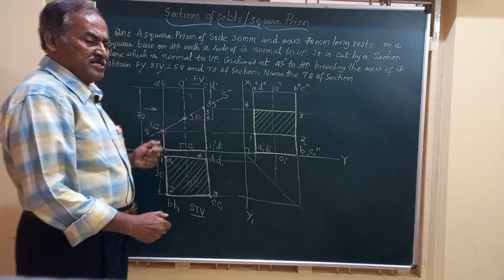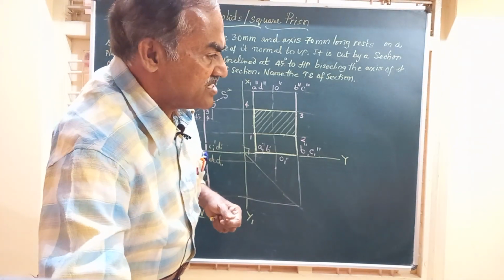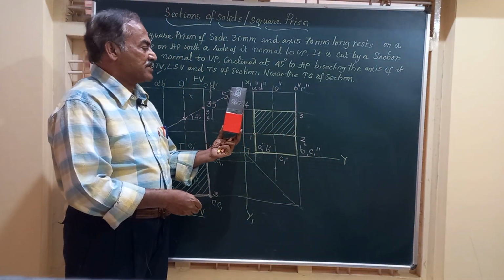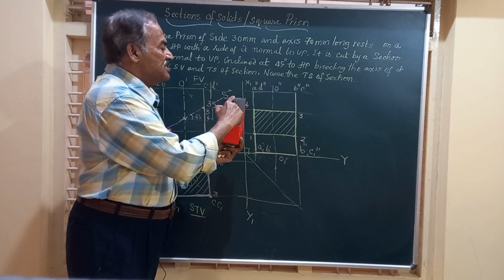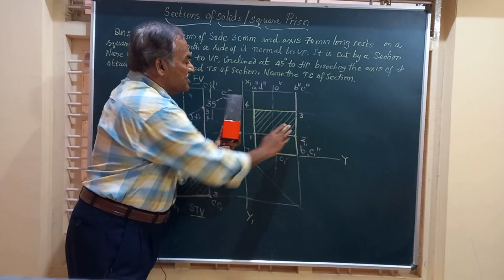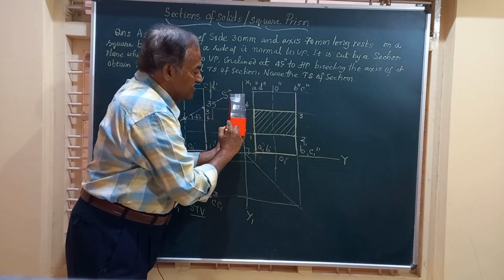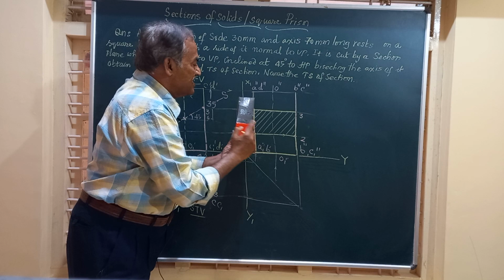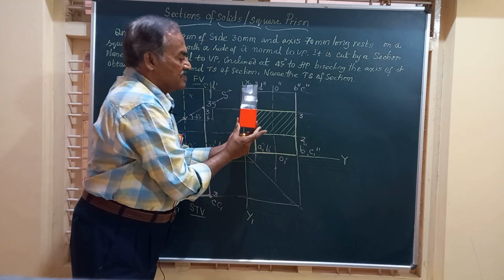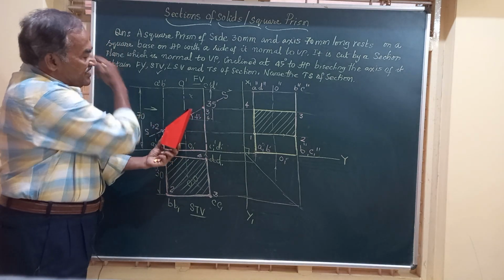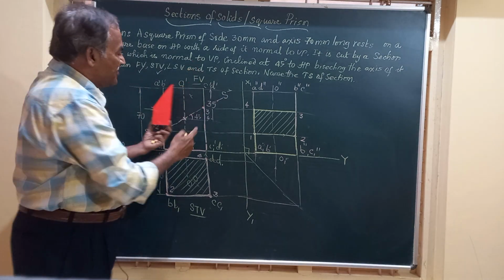Friends, you can just see here, if you visualize, this is how the object looks. So this is our 3 and 4. This hatched portion is this black portion, and this line 1 and 4 is this, and this is the base of the solid. That is, after removing this piece, this is how it will look in the front view.